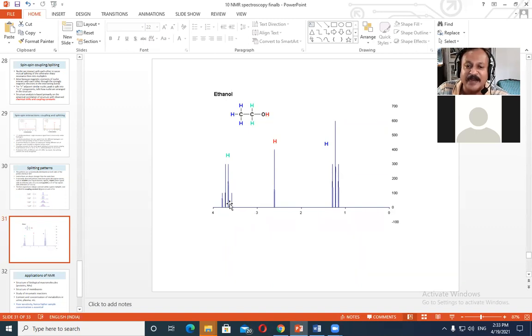Now the energy which is absorbed will tell you something about the neighboring atoms that are present close to the protons. If you look at the standard literature, or go to the library, most of the instruments have their own libraries.